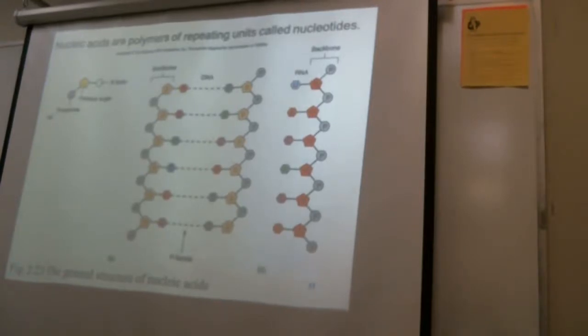There's the nitrogen base, which is either adenine, guanine, cytosine, thymine, or in RNA, uracil. Then it's got a phosphate group, and the pentose sugar. It is a 5-carbon sugar, so it's a pentose sugar. It's got 5 carbons instead of 6.